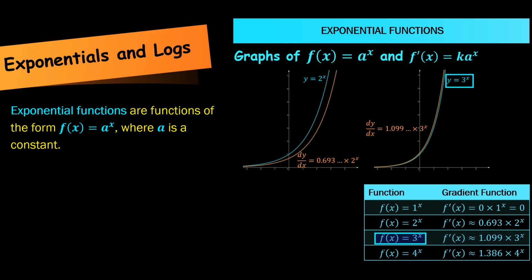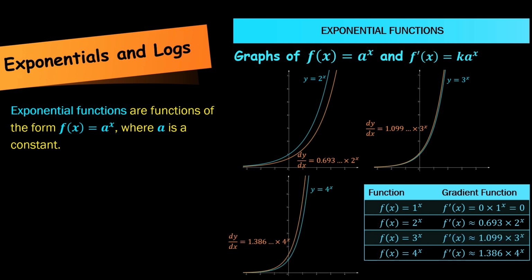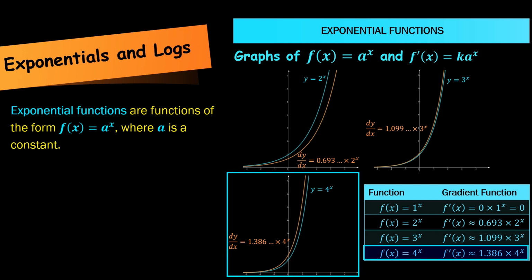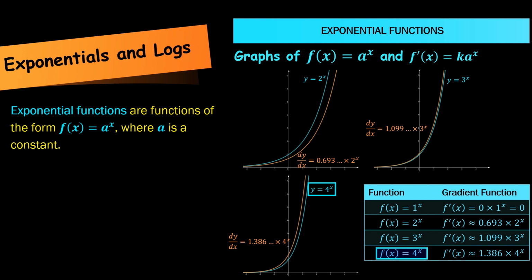This time, y is below dy dx. And here we have y equals 4 to the power x. And again, like y equals 3 to the power x, y equals 4 to the power x is also below its corresponding dy dx function.